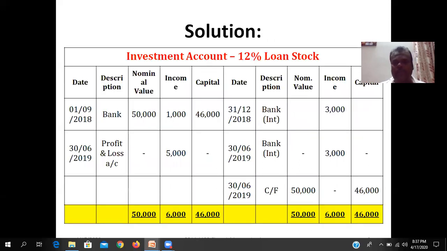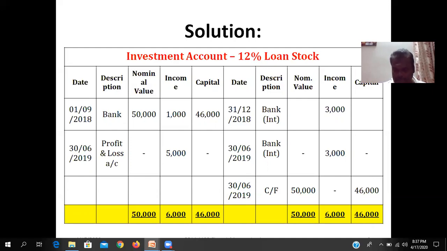For that 3,000 interest, we have to make the entry. What is the double entry? The bank account debit, investment account credited. So on the credit side, date 31st December 2018, description bank, within brackets interest. Then 3,000 should be recorded under the income column. That is on 31st December. But anyway, we have to close the account on 30th June 2019.